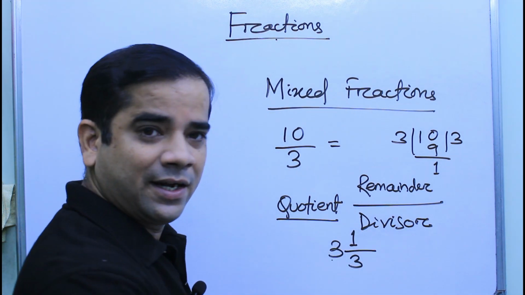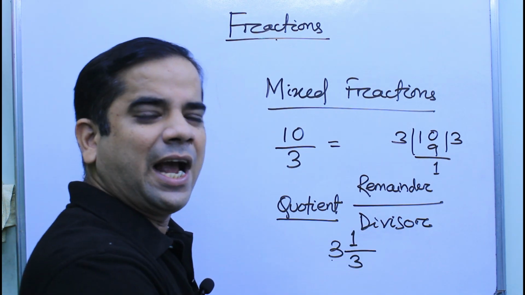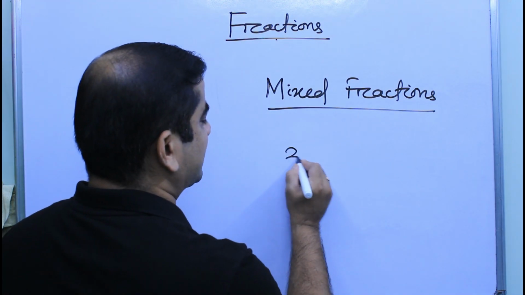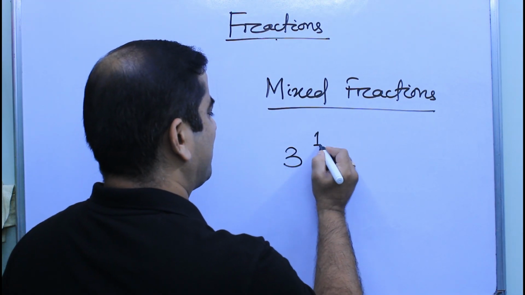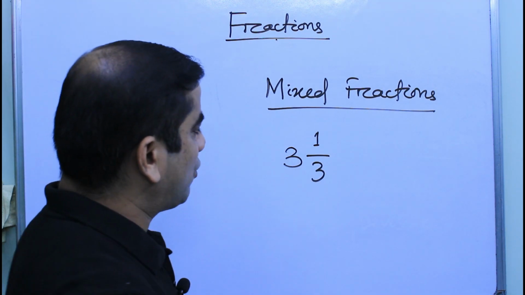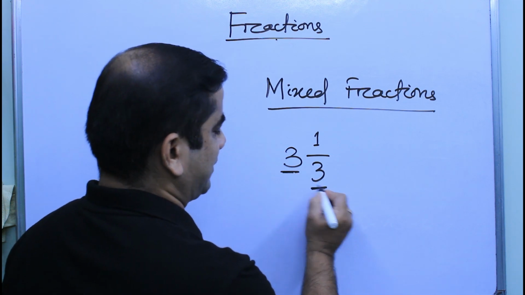But how to read it? We should not read it as 3 1 by 3. So let us see how to read it. Okay, so students, the mixed fraction is 3 1 by 3. As I have already told you, there is a whole number part and a fraction part.